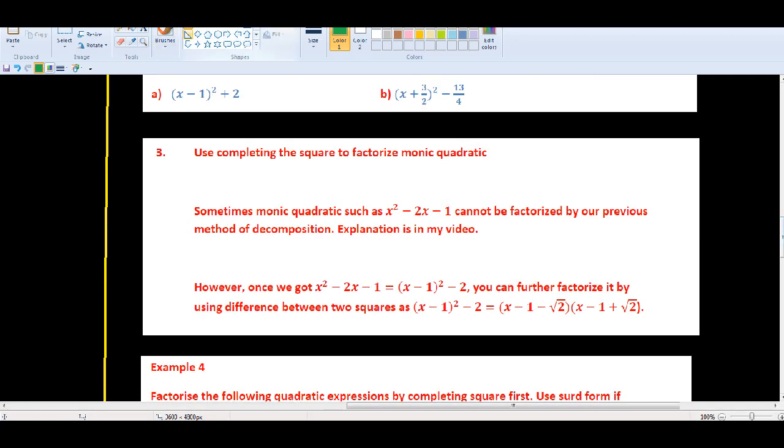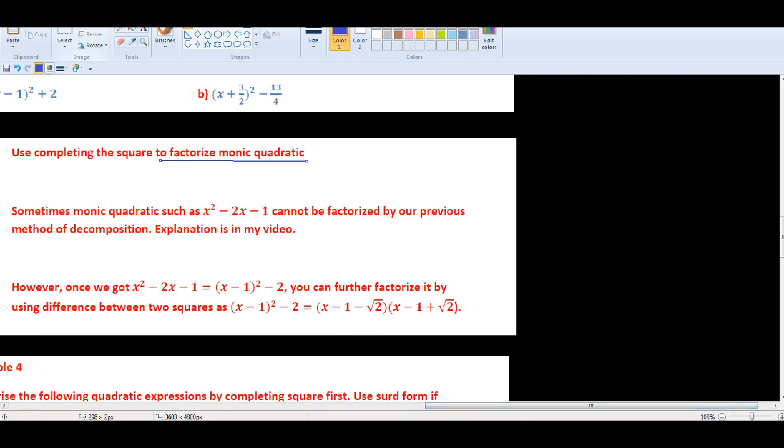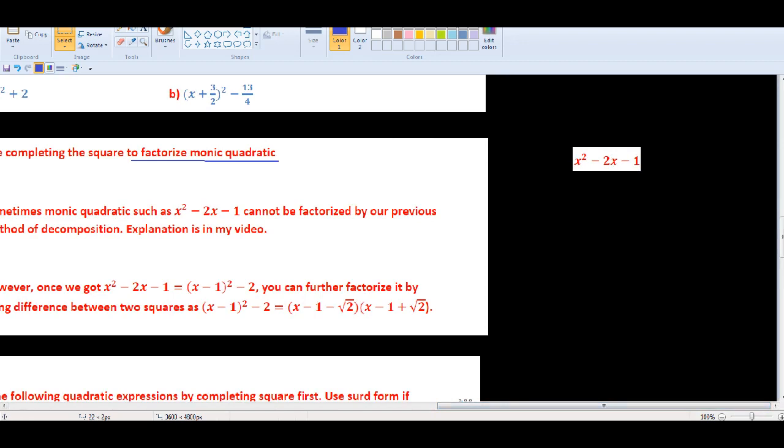The ultimate goal is for us to factorize the monic quadratic. Because sometimes we might have some quadratic expression which is impossible to factorize using our previous skills. Still remember how to factorize things like this?